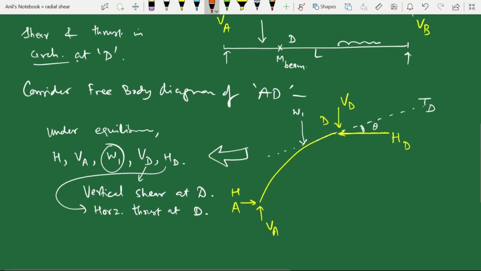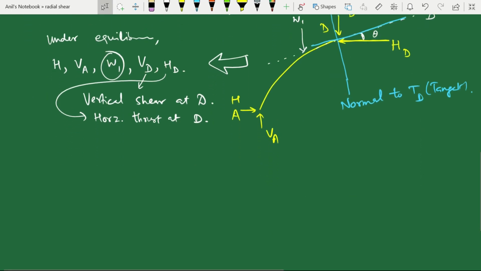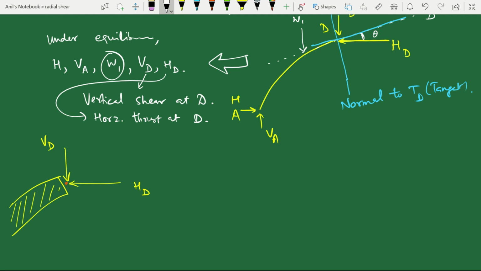Now I want to break VD and HD along the tangent and perpendicular to the tangent. So this is normal to TD. TD is the tangent. If I consider point D separately here, we have H as horizontal thrust and VD as vertical shear. At this point in the arch, we have components of VD and HD along the tangent and perpendicular to the tangent, that is along the normal to the curvature.